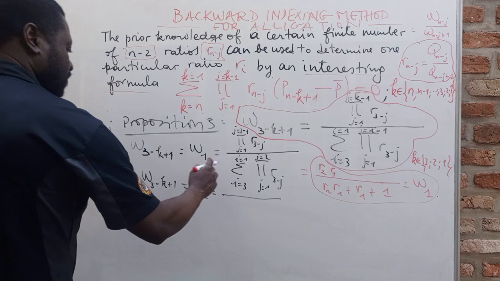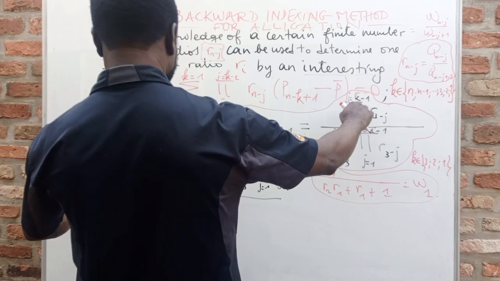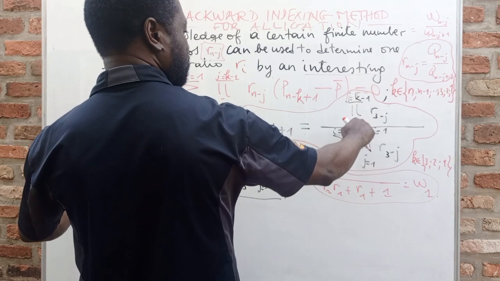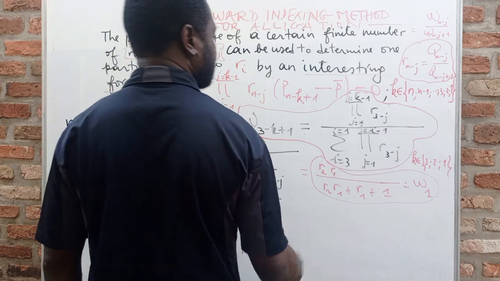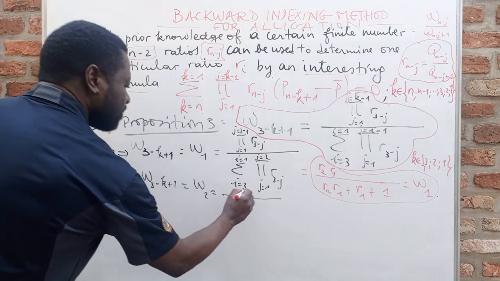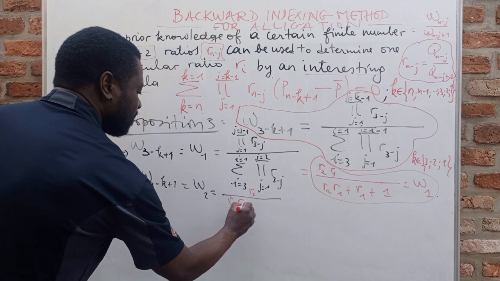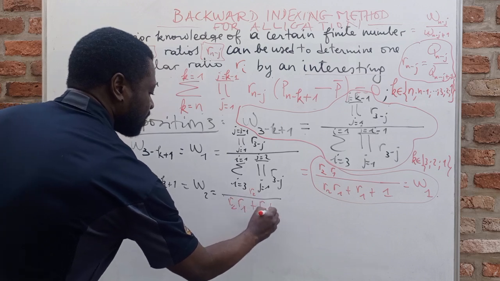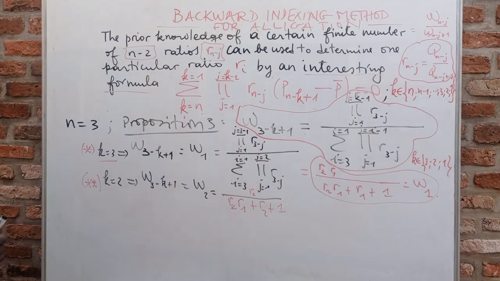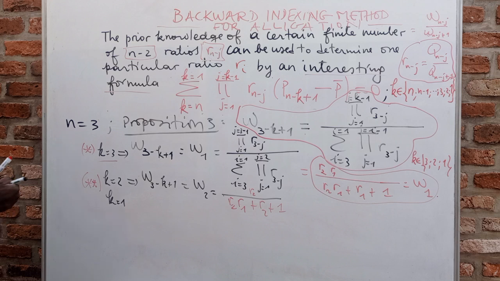If I use this formula with k equal to 2, I'm going to sum from 1 to 1, since 2 minus 1 is 1. So from 1 to 1, I'm going to get r sub 3 minus 1, which will be r sub 2 over r sub 2 times r sub 1 plus r sub 2 plus 1.